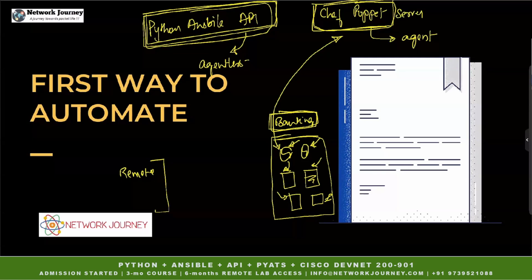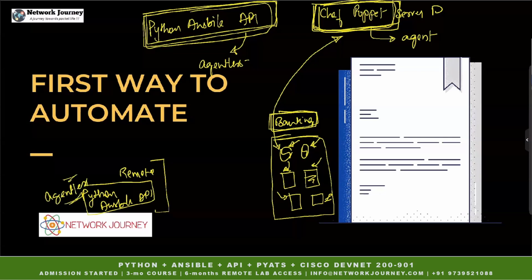That is how the dashboard of Chef and Puppet will have all the information like the bandwidth utilization, the backup copy, the configuration as well. You can do it from Chef and Puppet. But the only ask is you need to install something on the customer's environment, which the customer is not happy to do. So he would prefer to use Python, Ansible, and API, which are agentless.